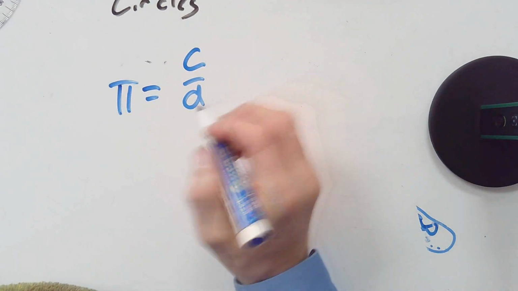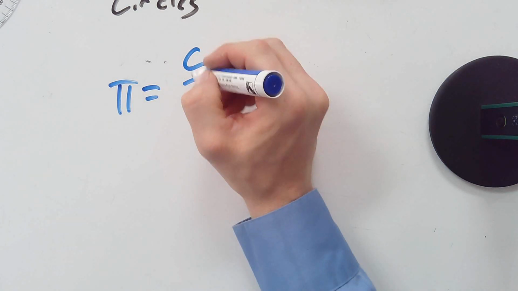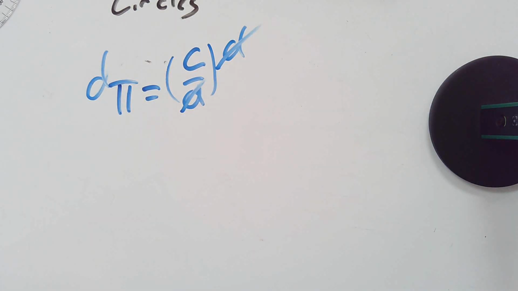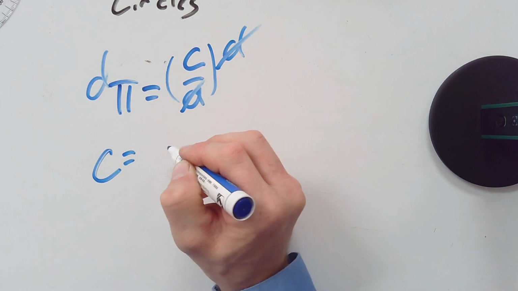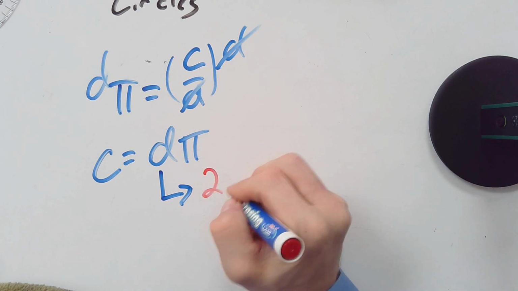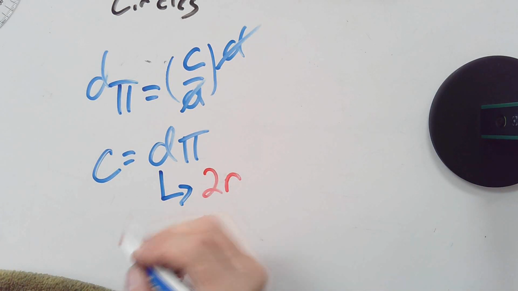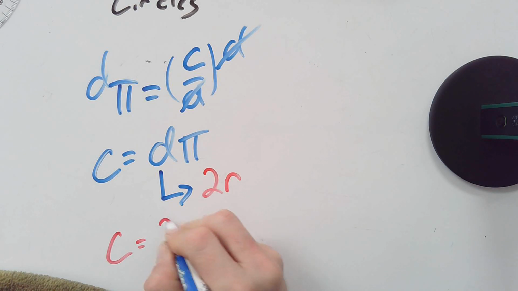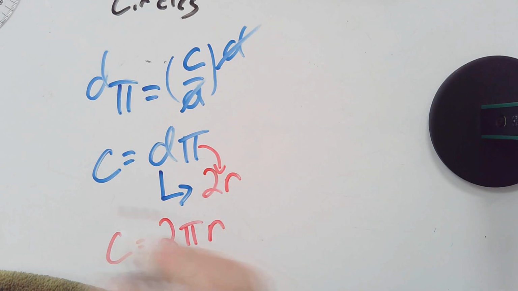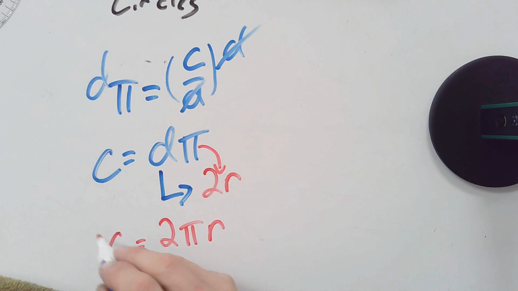If you're going to solve for the circumference, you multiply both sides by d. That's going to cancel out the diameter, so you get the circumference equals the diameter times pi, which is what I just showed you. You also remember that the diameter is how many radii? It's 2 radii, right? So the circumference equals 2 times pi times the radius.